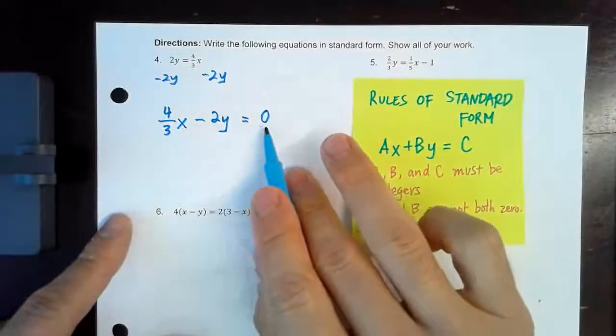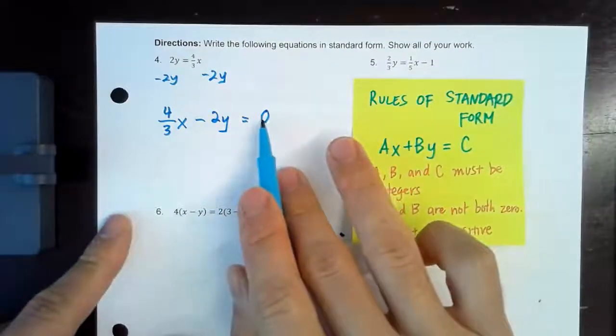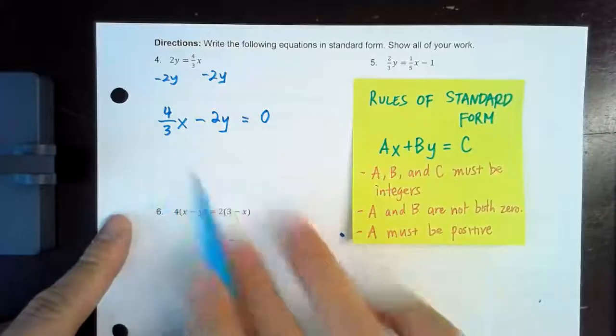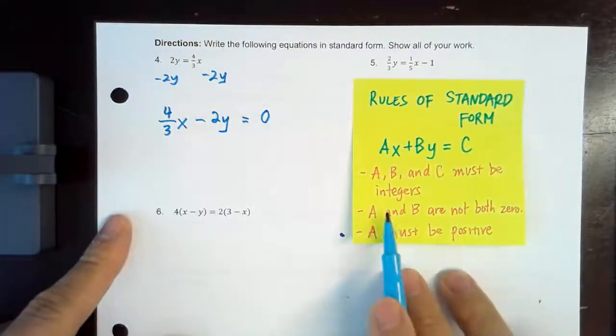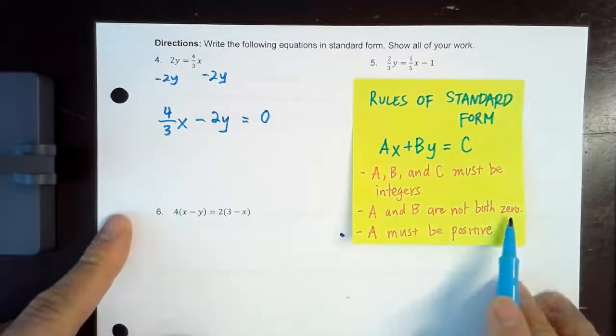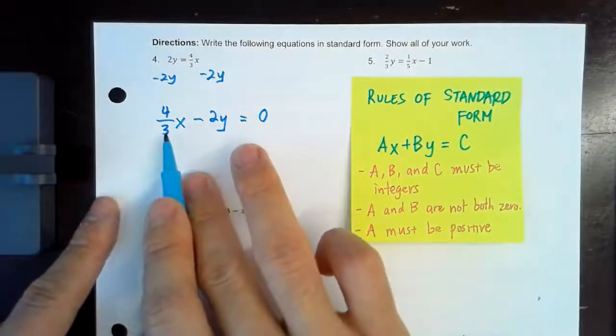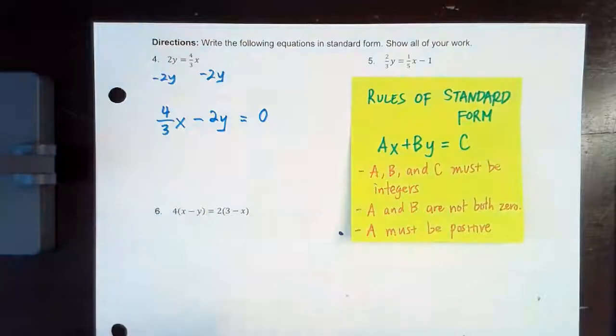Okay, remember that your constant can be 0. Obviously, 0 is an integer. So now I have both variables on the same side. My a value is positive. My a and b values are not 0. The only thing that I have to fix is the fact that the coefficient of x is a fraction. So here comes the module 1 techniques, right?